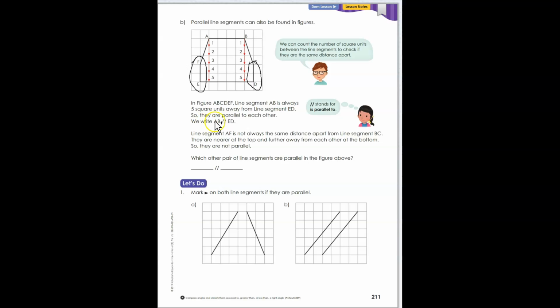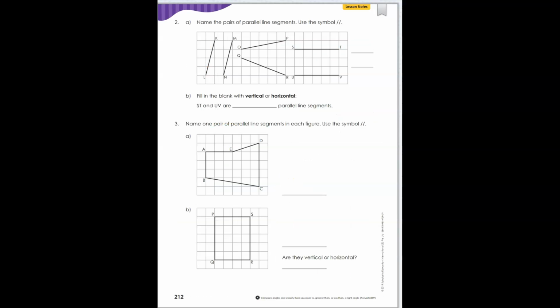So when we write AB is parallel to ED, see how we've got the parallel symbol? That's what that's referring to. So name the pairs of the parallel line segments using the symbol there, and you write it in this space. All right, have fun. It's not hard.